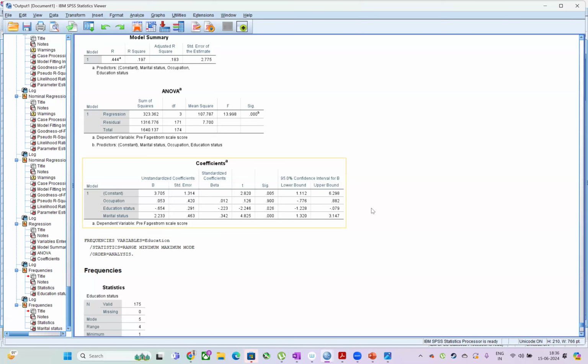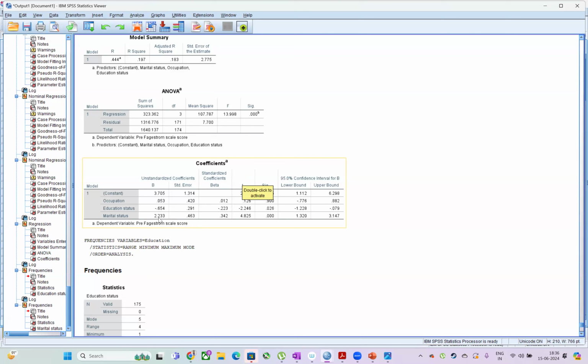Follow me closely: for each unit change in the independent variable, how much change will it produce in the dependent variable? That is what this table is going to give. In marital status, each unit change means from unmarried to married.